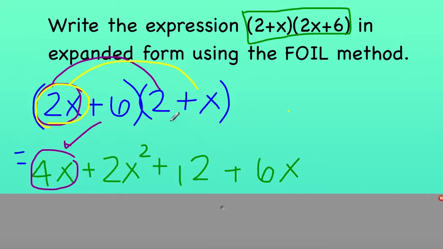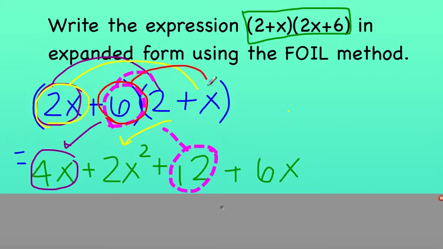That's where this 2x squared is coming from when we perform that yellow step. Now we want to do our inners. So we have this 6 times 2, that's where we're getting this 12 from. And then our last step is our last term. So we're taking that 6 again and applying it to the x. So that's where that 6x is coming from.